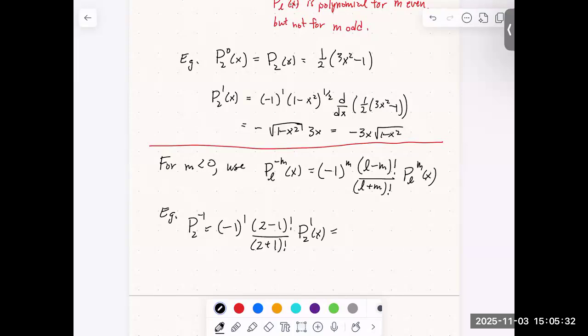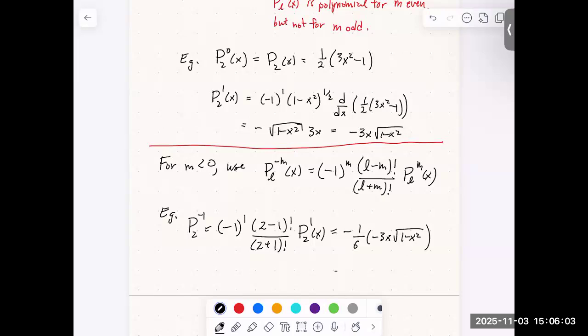Okay, what do we have? We get a minus sign. And then we get 1 factorial, which is 1. 3 factorial is 6. So we get -1/6 of P L equals 2, M equals 1. We already worked that out. It's -3x square root of 1 minus x squared. And so let's see, the minus signs cancel. We have 3 over 6 is 1/2.